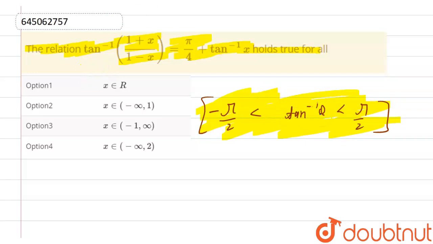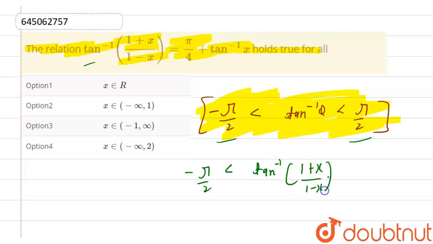if tan inverse theta lies between minus pi by 2 and pi by 2, then tan inverse of theta, where the value of theta is (1 plus x)/(1 minus x), should lie between these limits. So I can say that this value will lie here only. Okay, there is no problem in that.